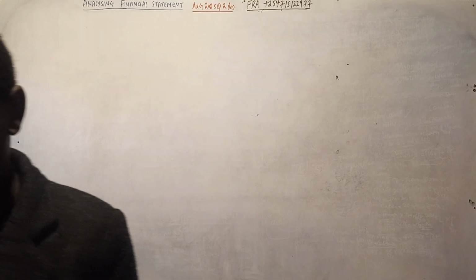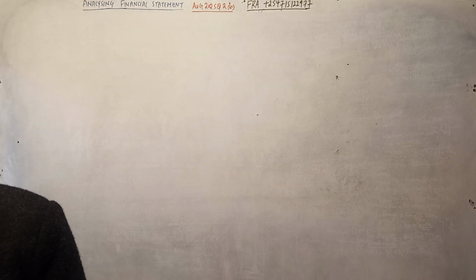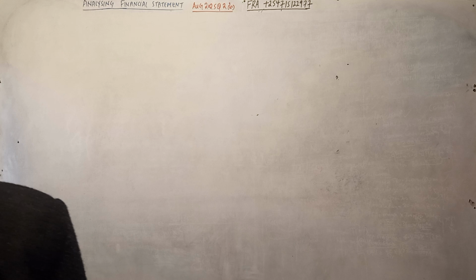Venture capital presented the following financial statements of the Brook Limited for analysis. You have the Brook Limited income statement for the year ended 1st December 2024. Then you have the Brook Limited statement of the financial position.